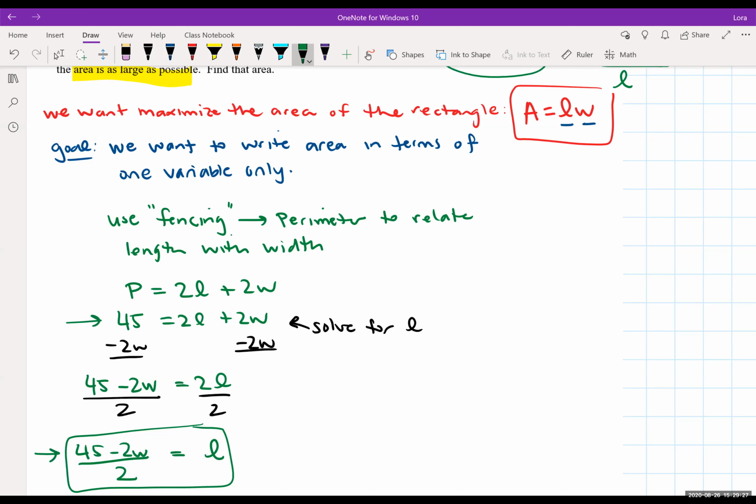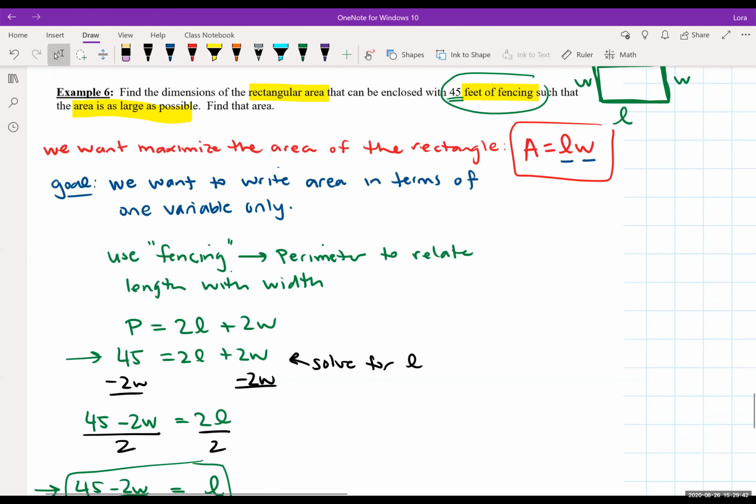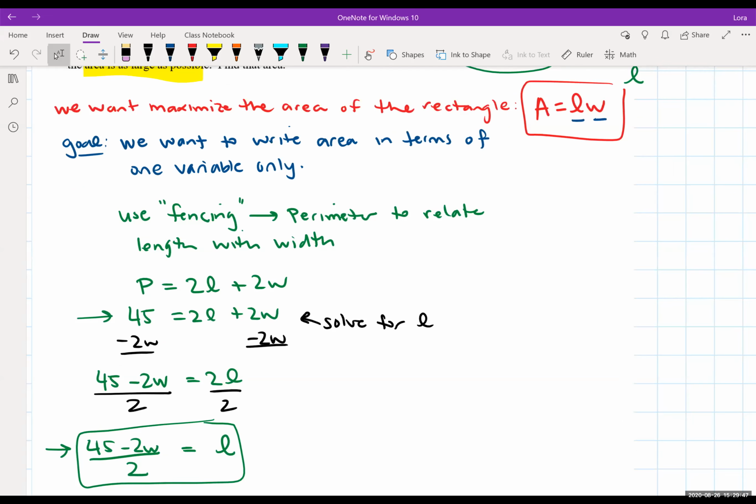And now we reach back in our past math lives and we say, well, if we do have two equations and two variables, we can use a method of substitution to help us rewrite everything in terms of one variable. So again, we care about maximizing the area. So we want to plug in whatever we wrote L in terms of.